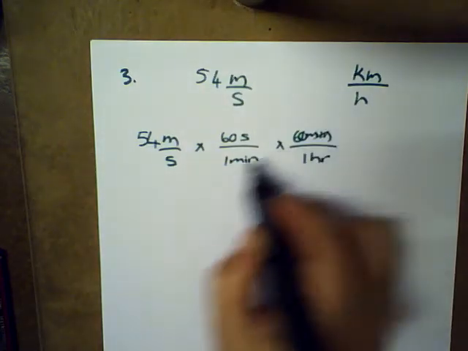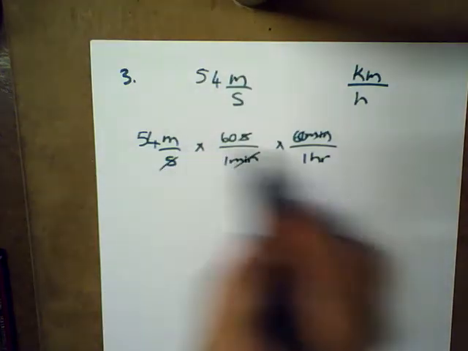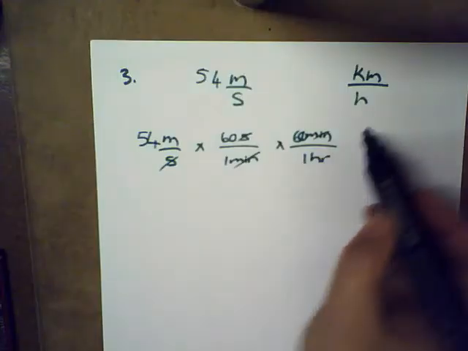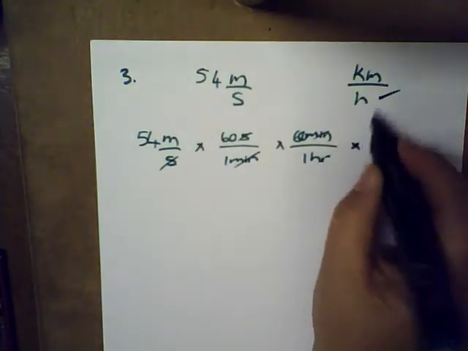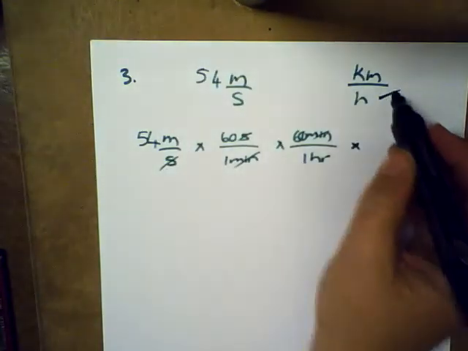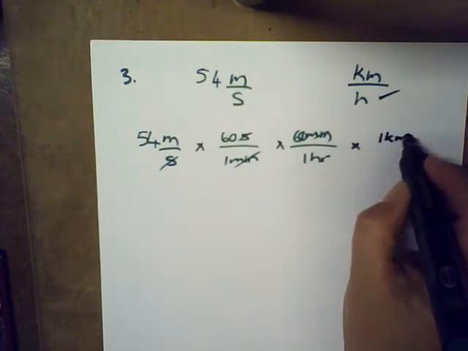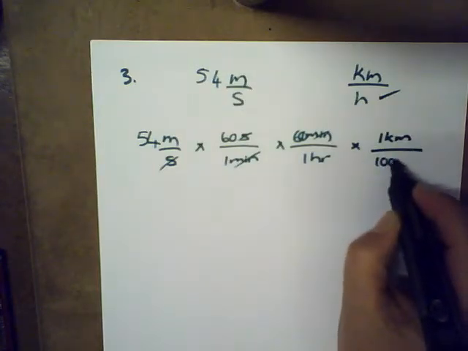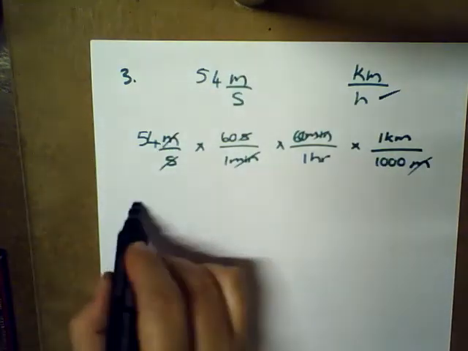Minutes and minutes can cancel out, seconds and seconds can cancel out, and I'll be left with hours in my denominator. That part of my equation is done. So I still need to change the meters to kilometers, and I know that 1 kilometer is the same thing as 1,000 meters. Now meters and meters can cancel out.